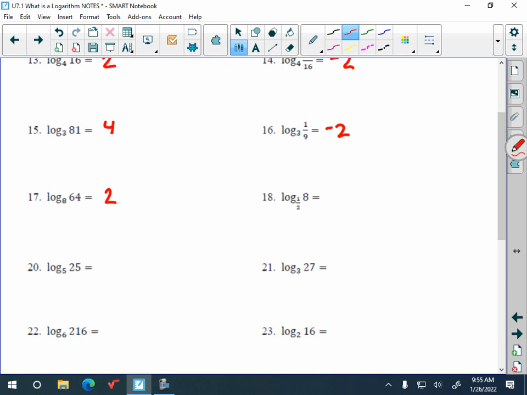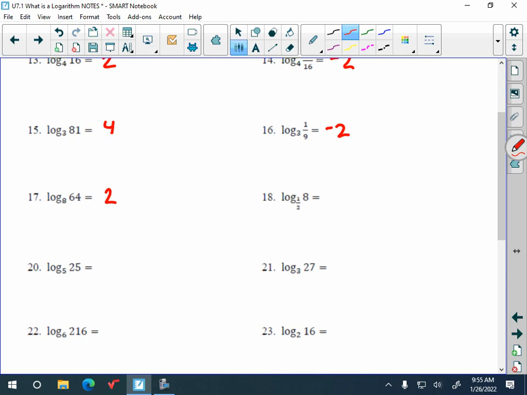All right, 18, 1/2 to what power would equal 8? You can kind of think of it the same way as how we did 16. Well, 2 to what power would equal 8? 3, right?